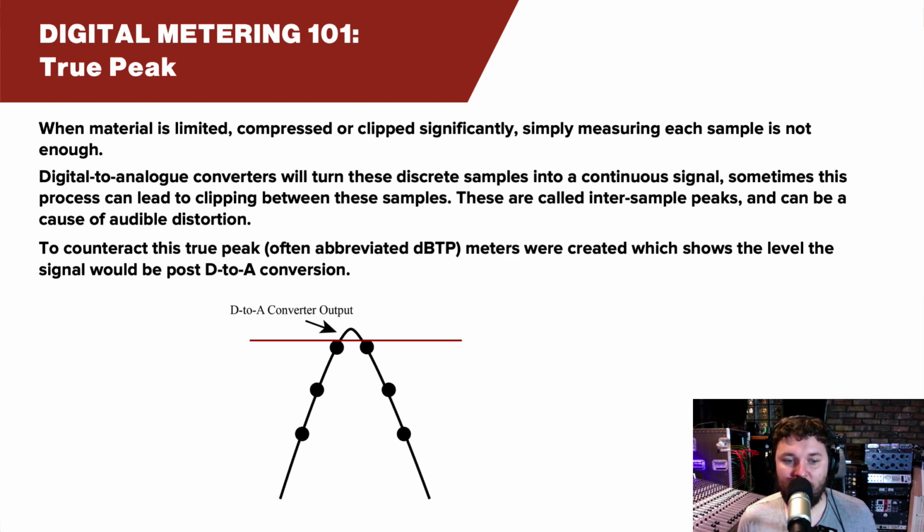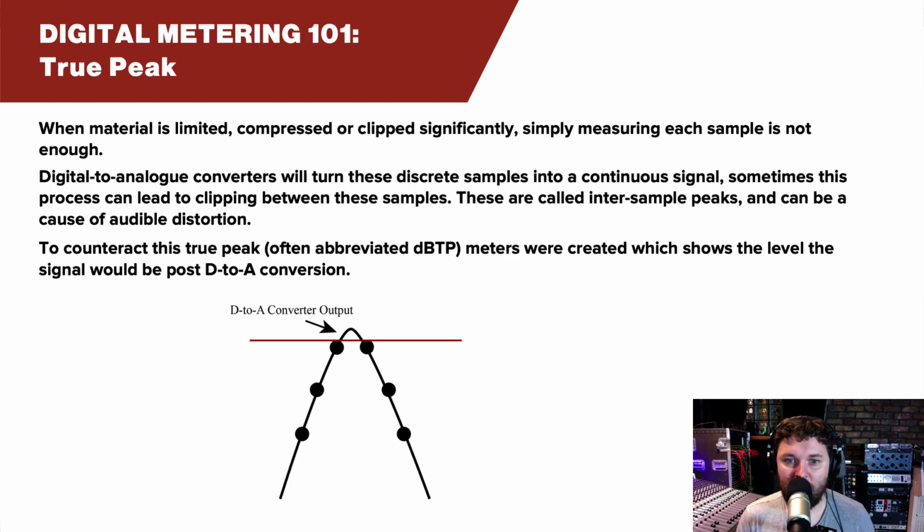What this means is that this level actually exceeds the maximum level, and this can create distortion. This is something that a lot of meters are not showing. So people invented true peak meters that show you the level post this conversion. We can see this in many modern meters.